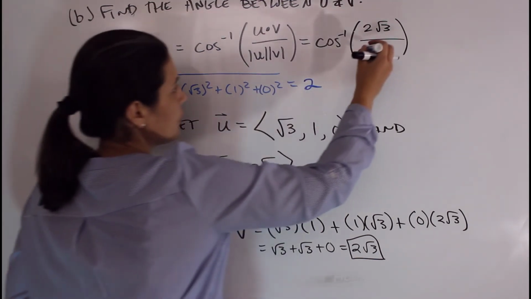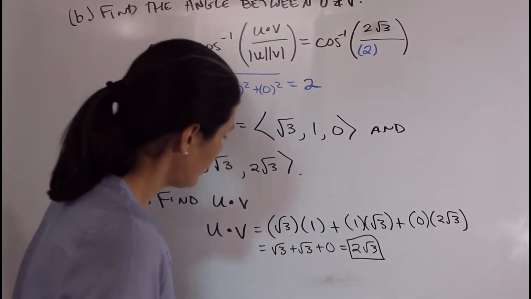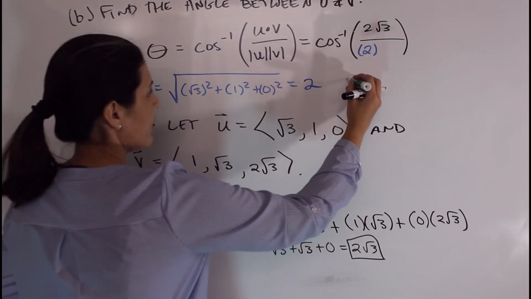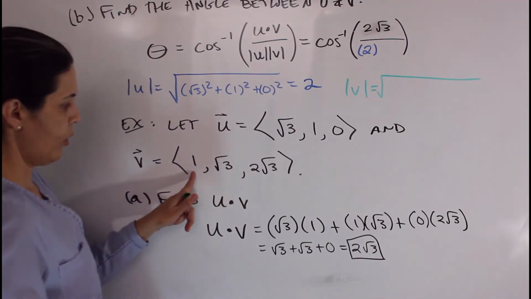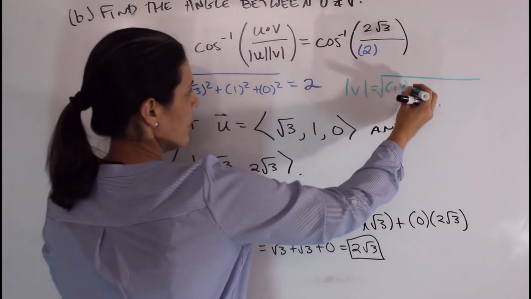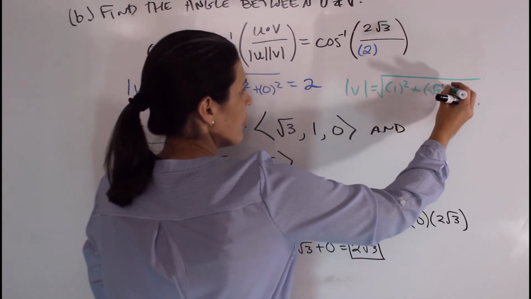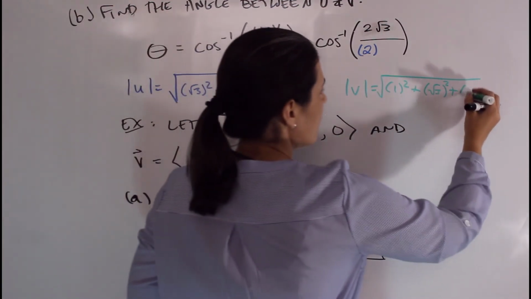Okay, so this right here is 2. And then times, let's change colors here. Magnitude of v, square root of 1 squared plus square root 3 squared plus 2 square root 3 squared.